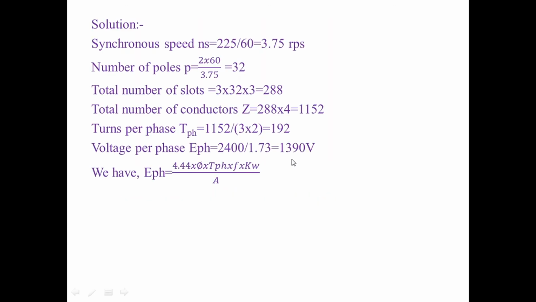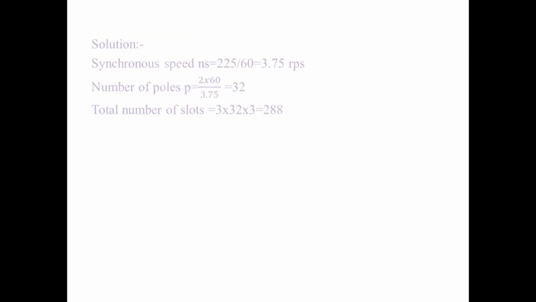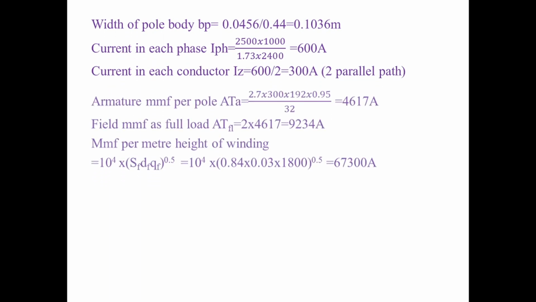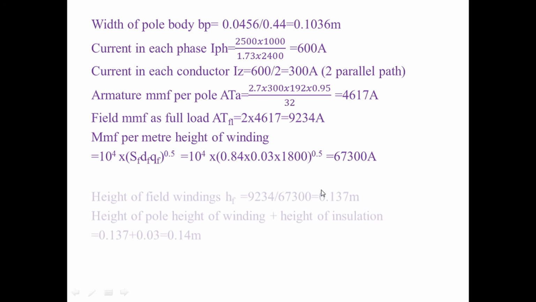Field winding space factor is 0.84, and field winding dissipates 1800 watt per meter square. Depth of the winding is 3 mm, it is given. If you substitute those values, we will be finding the MMF per meter height of the winding is 67,300 amps.